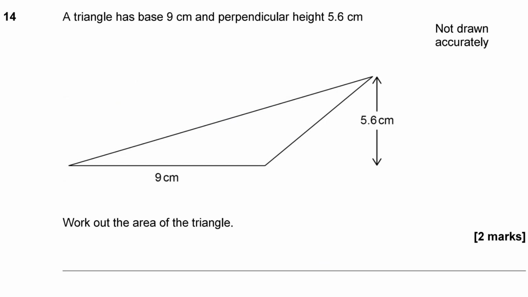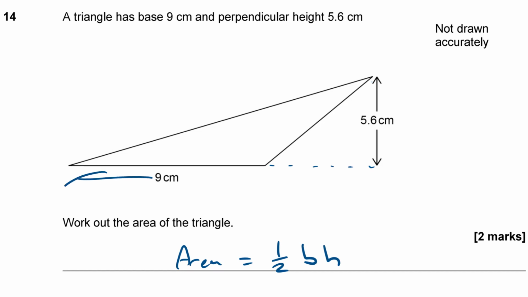Question 14. A triangle has base 9 centimeters and perpendicular height of 5.6 centimeters. Work out the area of the triangle. Now, area of a triangle is always half base times height, isn't it? It doesn't matter that this height is kind of extended off the end of the base.